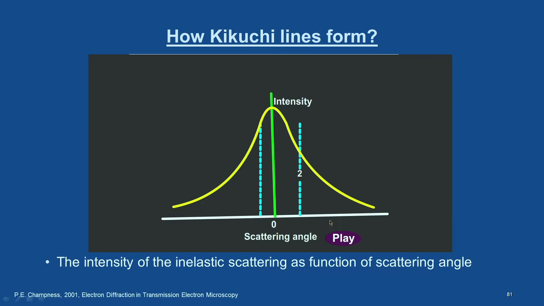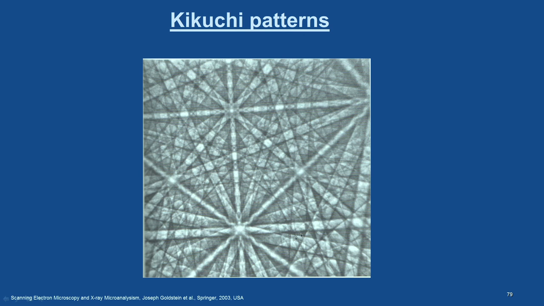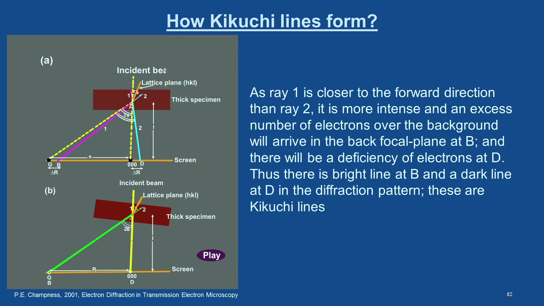So, you can see, go back and look at this pattern again, a bright and a dark line, a parallel pair, is coming because of this diffraction effect. We will understand this a little more now.